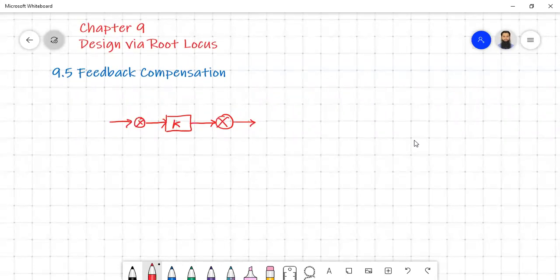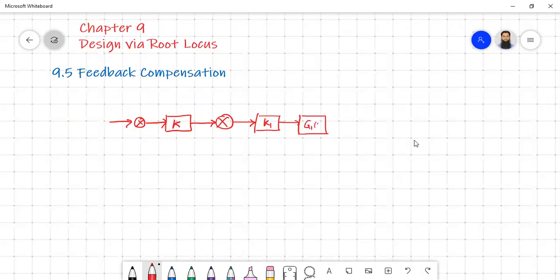In the main plant there may be another gain K1, and then it will go to the plant itself. G1 is our plant. So this is a more generic configuration, but some of the parameters may not be available in some of the control systems.